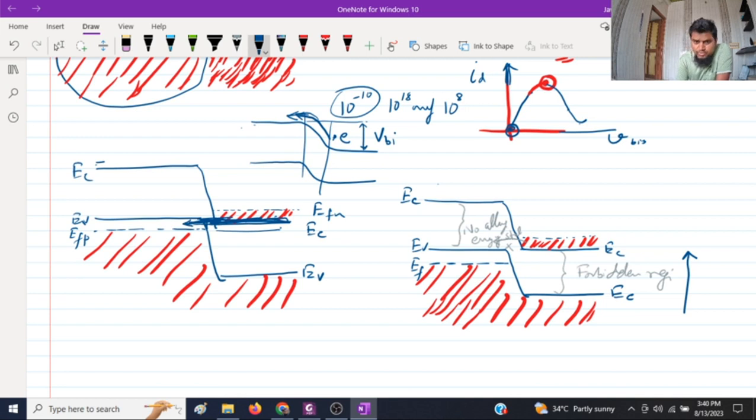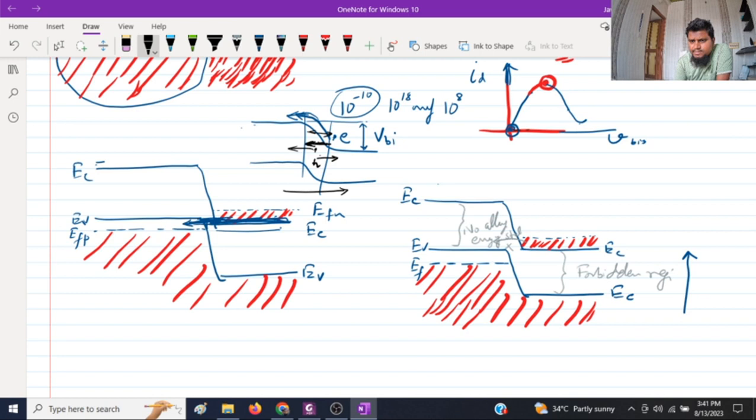Or, at elevated temperature, if some electron-hole pairs are generated in this junction region, of course one electron and one hole, the electric field over here exists in this direction due to the built-in potential. So they will pass in this direction, and there will be a net current in this direction, right?